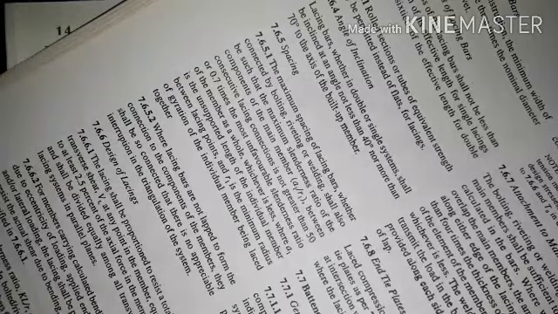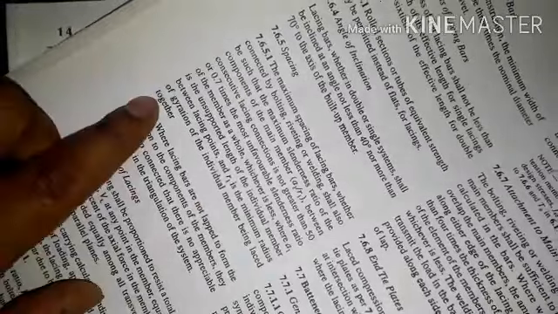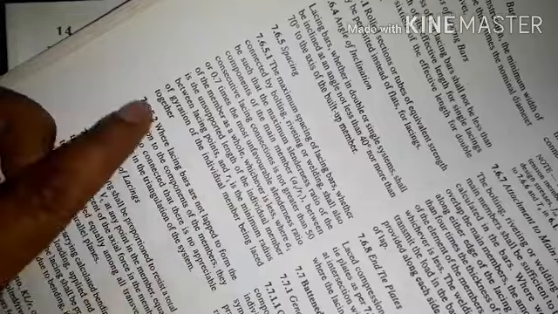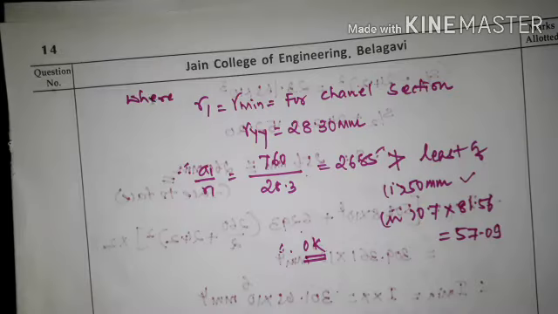And we have got it is safe, where R1 is the minimum radius of gyration of the individual member being laced together. Okay, so we have got it is less than that, so therefore okay.